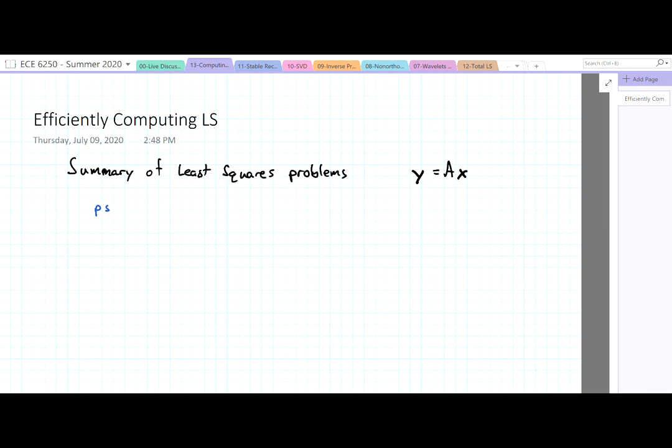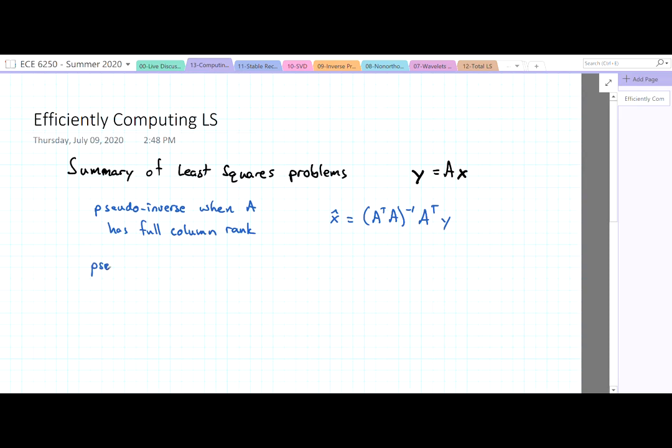Okay, so if we're looking for a pseudo-inverse, when A has full column rank, we're computing (A transpose A) inverse A transpose y.